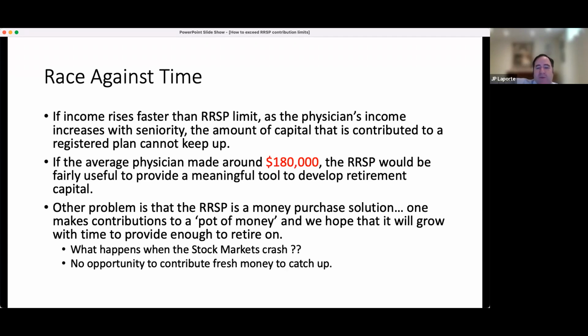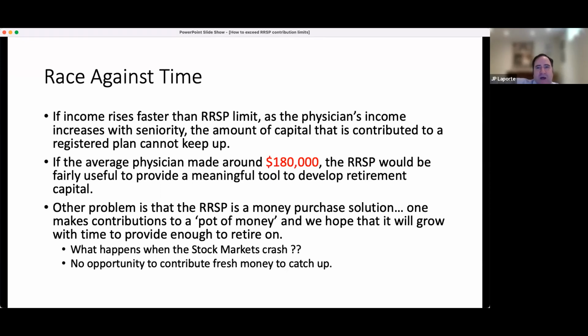But what happens when there's a stock market crash? So you've done your maximum contribution year after year faithfully, you've put your money in the stock market, and then COVID hits, or China decides to invade Taiwan, or Russia invades Ukraine, and then the stock markets suffer because of that, or some other reason.